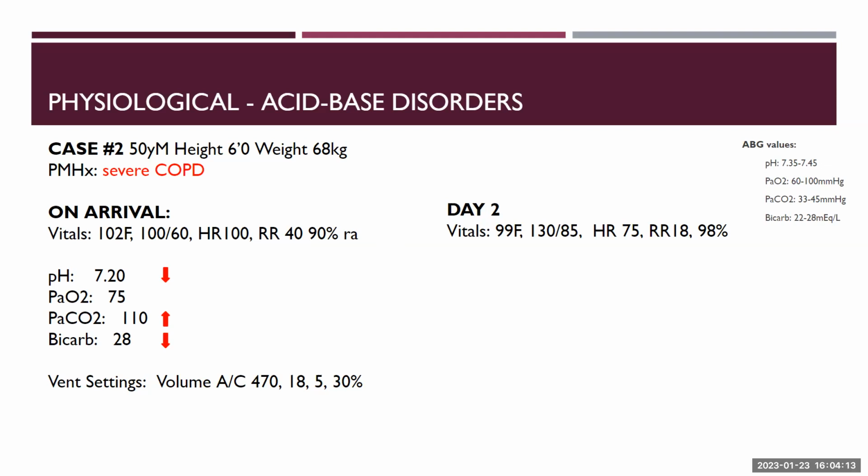Bhakti, I volunteer you to take this question. So while we were saying the temperature looks better, the blood pressure increased. The main thing that I noticed is the respiratory rate went down from 40 to 18. But they're saturating at 98%.